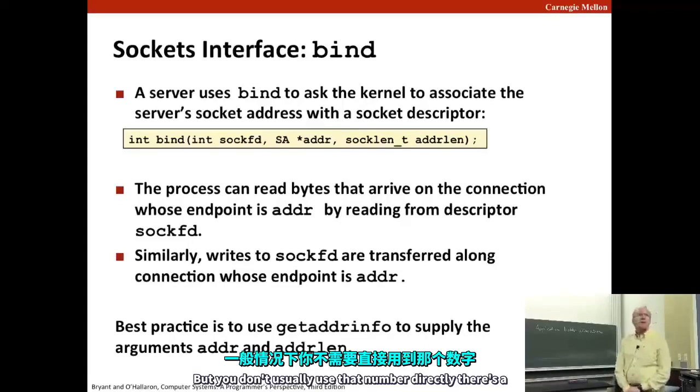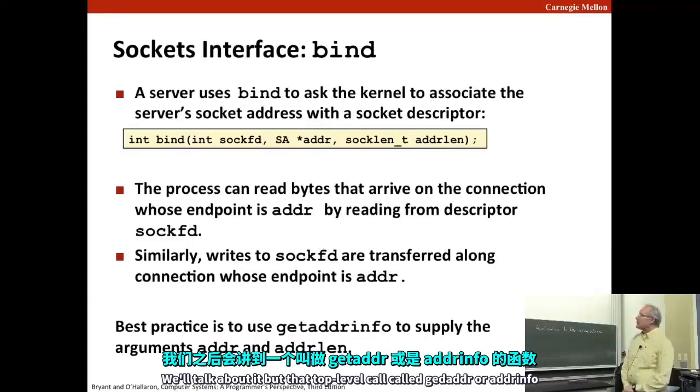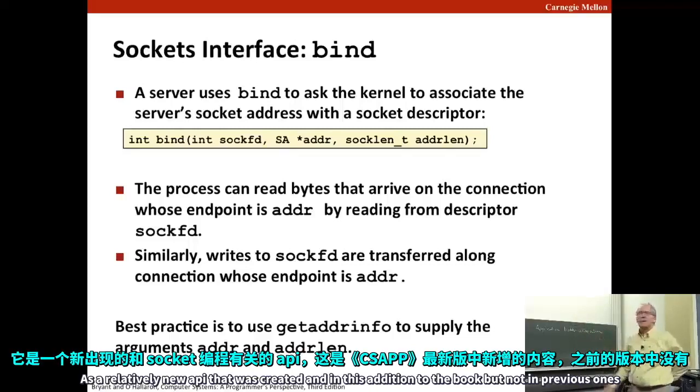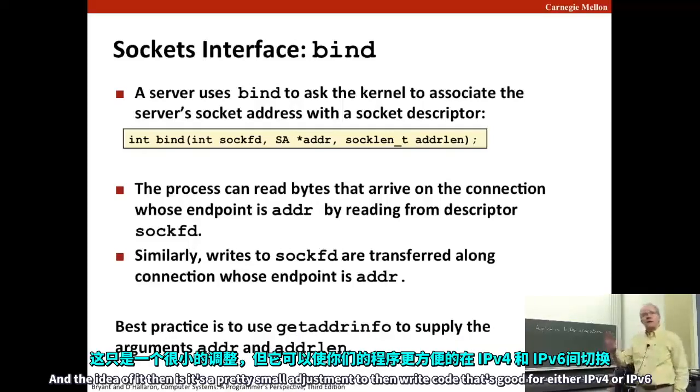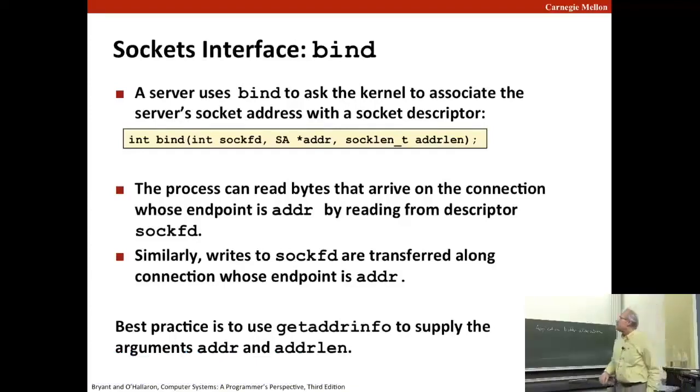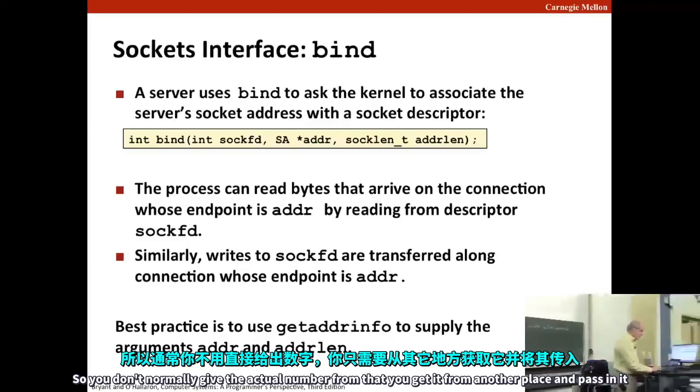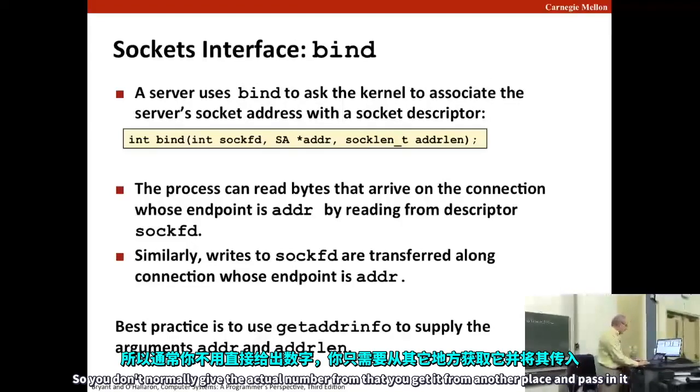But you don't usually use that number directly. That top-level call, getaddrinfo, is a relatively new API that is in this edition of the book but not in previous ones, and has become the standard way to get all the parameters you pass into all these different calls. It's a small adjustment to write code that's good for either IPv4 or IPv6. So you don't normally give the actual number; you get it from another place and pass it in.